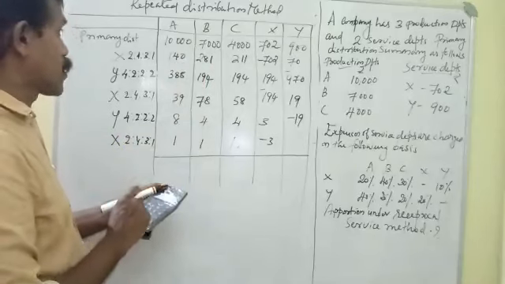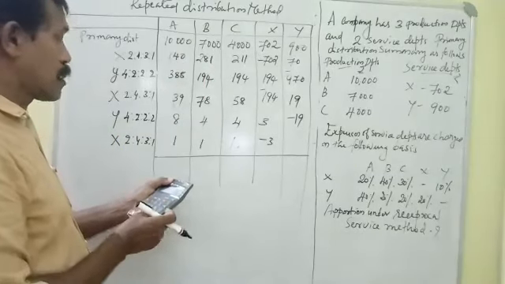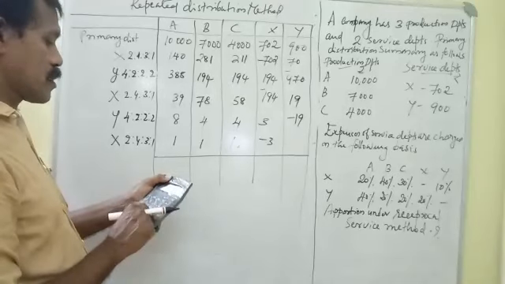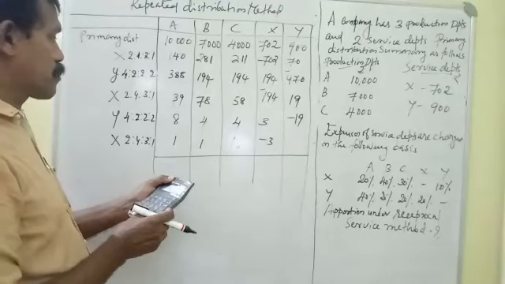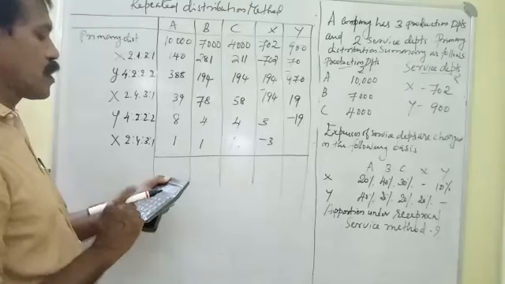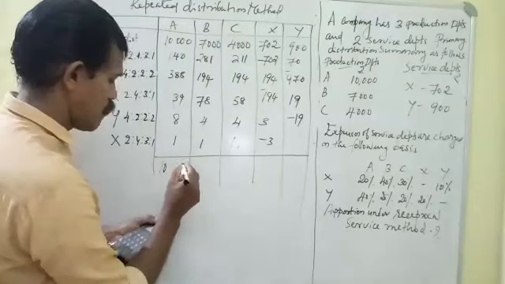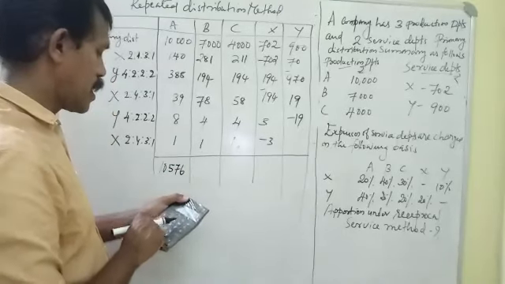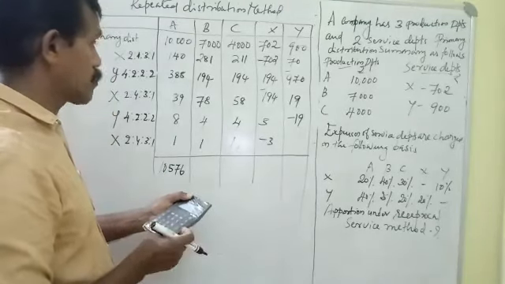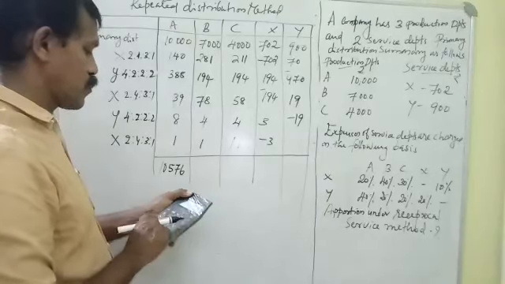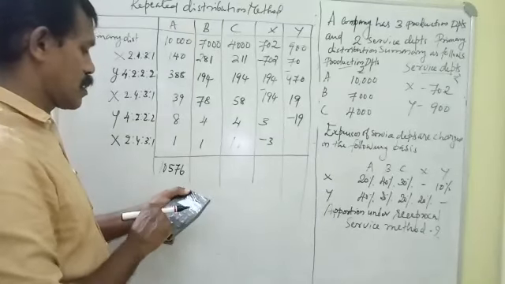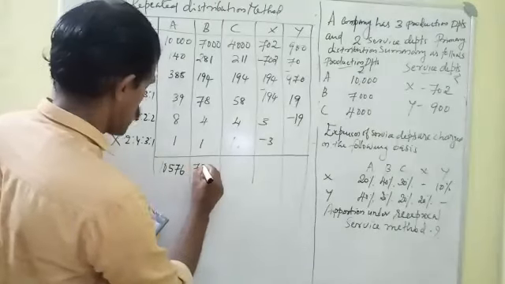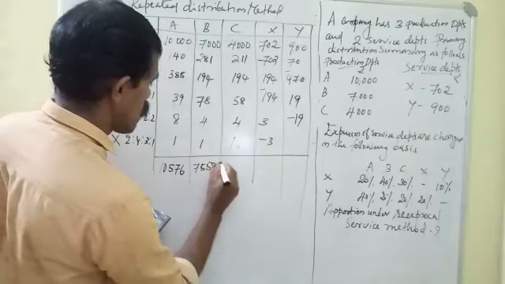A is total 10,000 plus 140 plus 388 plus 39 plus 8 plus 1, that is equal to 10,576. Then B, 7,000 plus 281 plus 194 plus 78 plus 5, that is equal to 7,558.